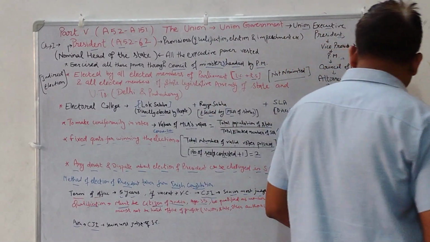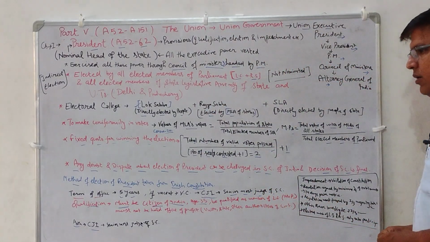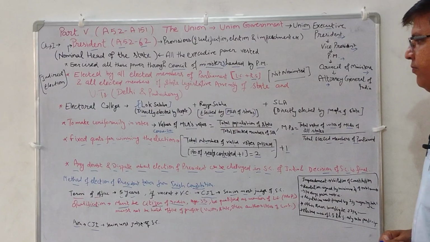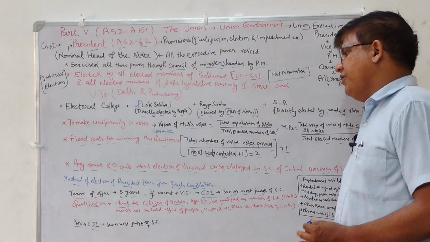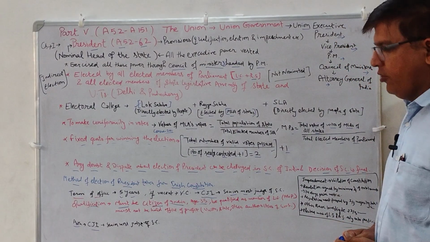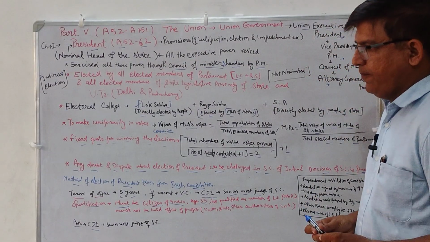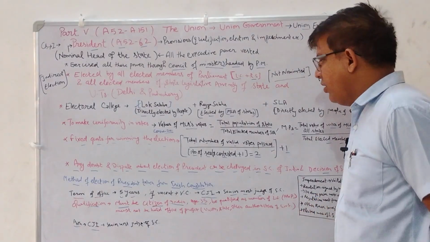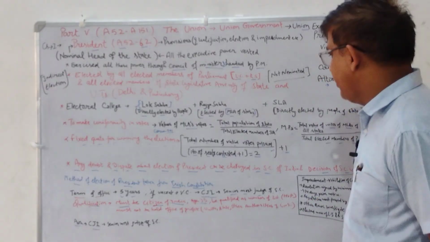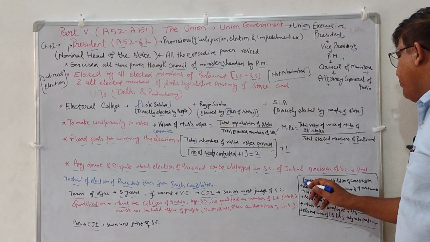If we talk about whether the term of 5 years is compulsory or not, this office can be vacated in case of any disease, any other case, or impeachment also.